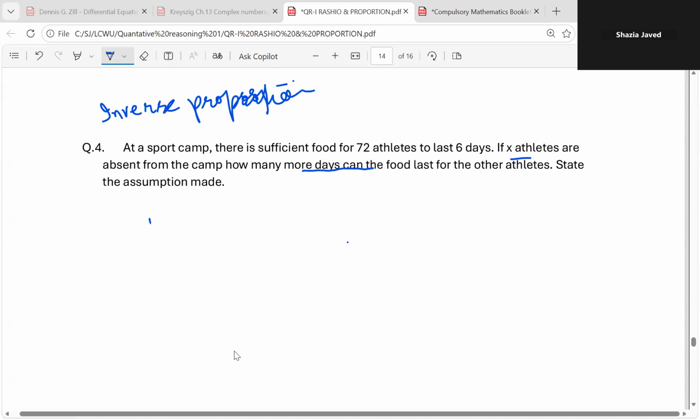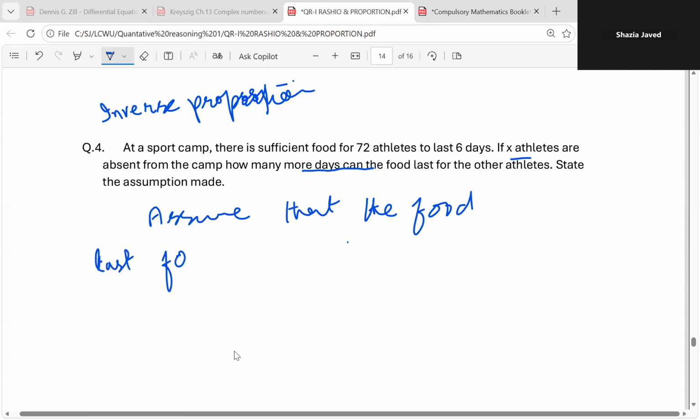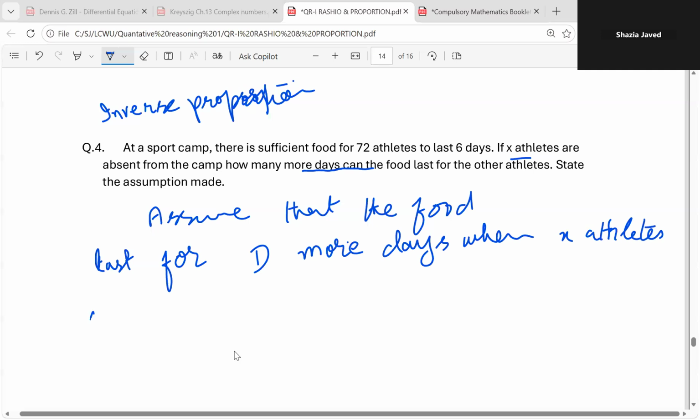Assume that the food lasts for d more days when x athletes are absent.